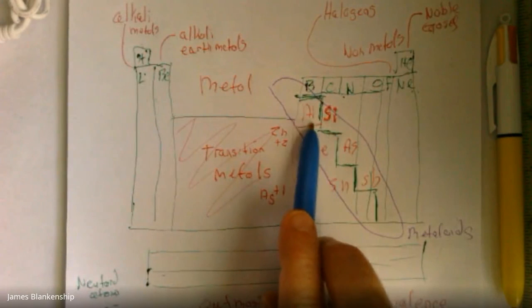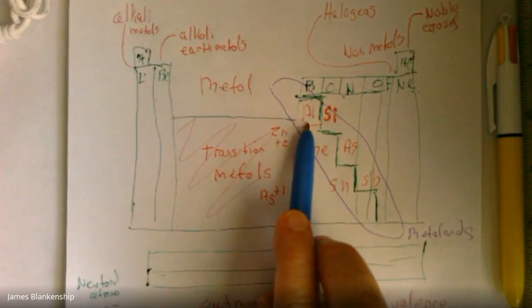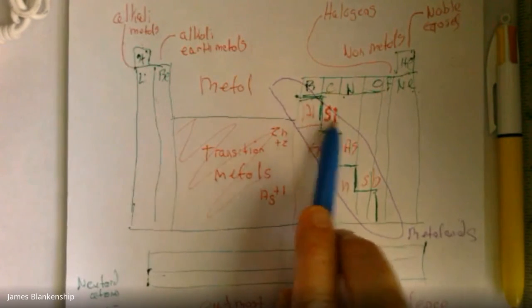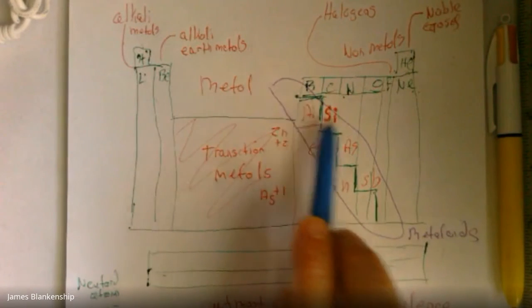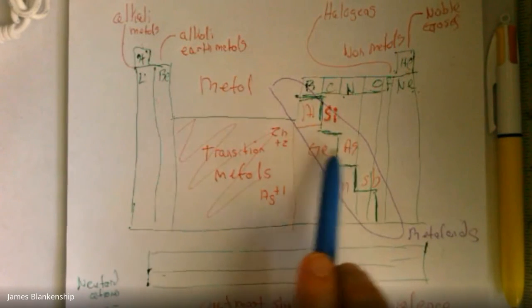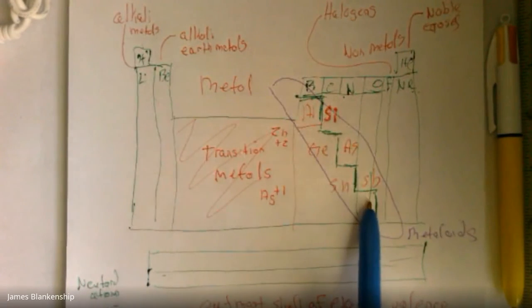But silicon has some metal properties and some non-metal properties. Aluminum does not heat up as much as some of the other metals. So a lot of wiring that used to be made of copper is now made of aluminum. So silicon and aluminum are metalloids because they border this stair-step line that you will see on your periodic table.